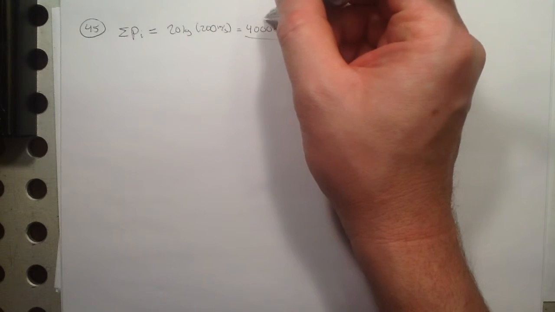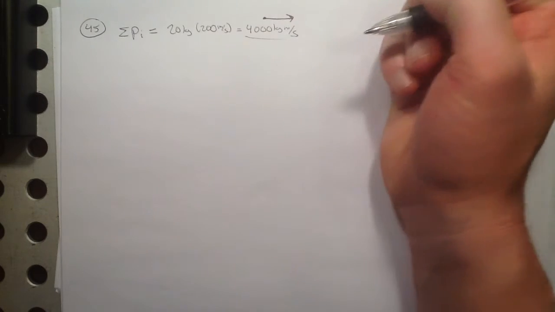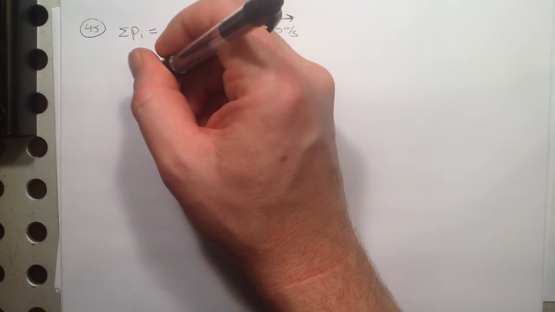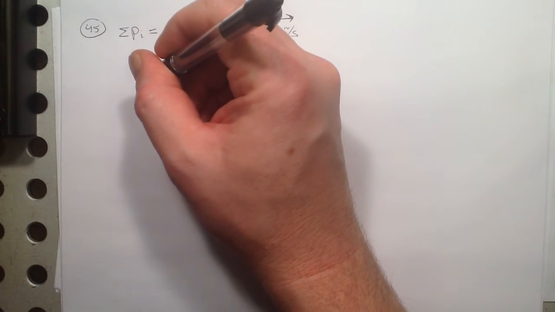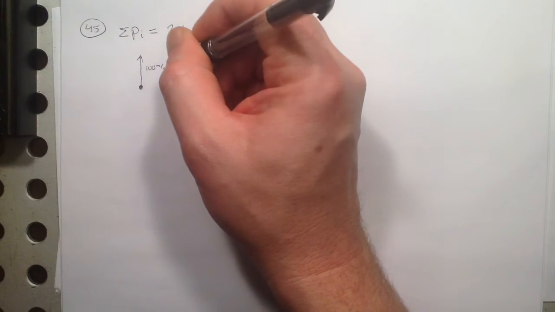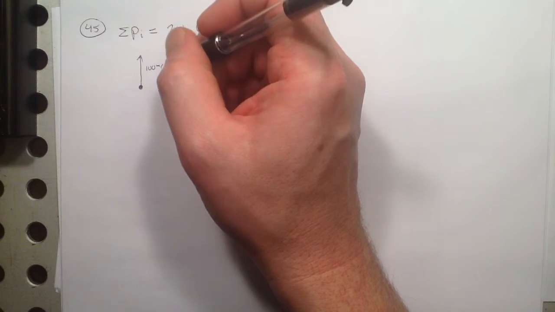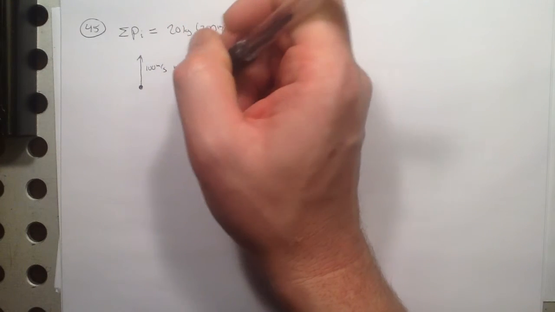All right, so what does happen here? One part with a mass of 10 kilograms moves away from the point of explosion with a speed of 100 meters per second in the positive y direction. It was going in the positive x direction, so that's the direction of our momentum, right? So after the collision, I've got one piece, positive y direction, 100 meters per second, and that's with a mass of 10 kilograms.